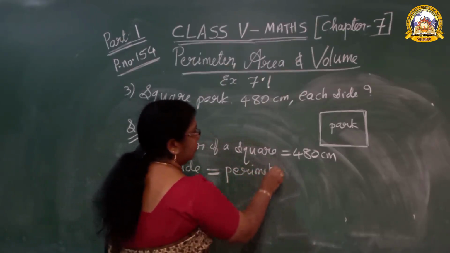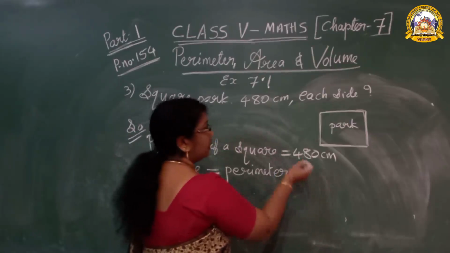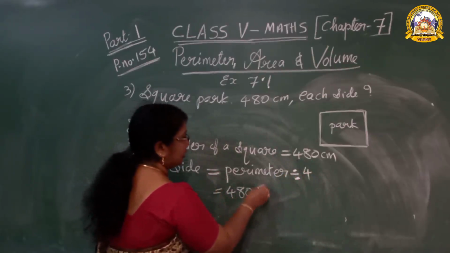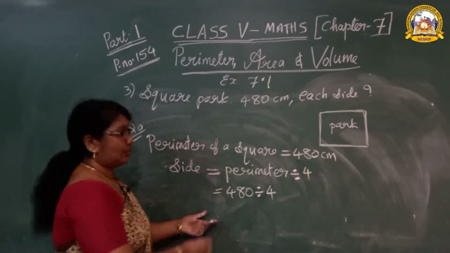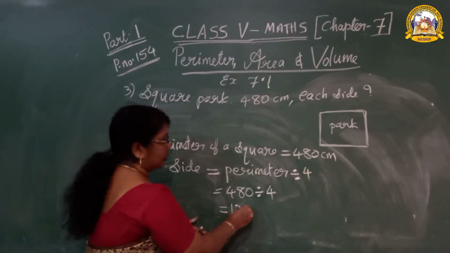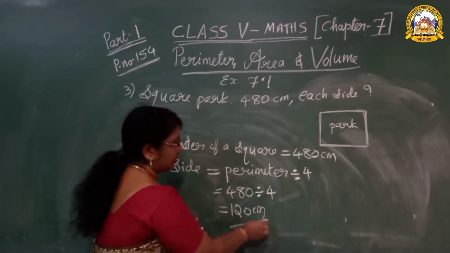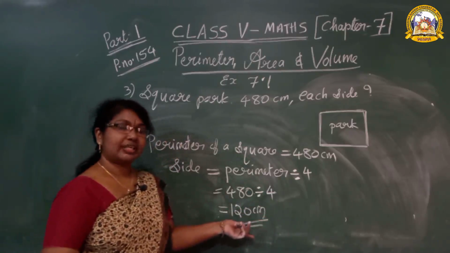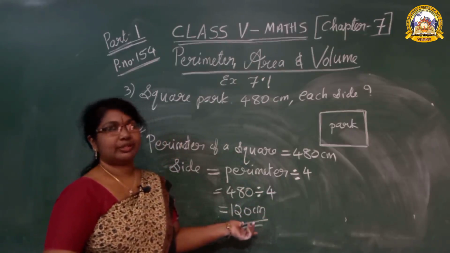Perimeter divided by 4, which is 480 divided by 4. 120 centimeter. What is it? One side of the park is 120 centimeter.